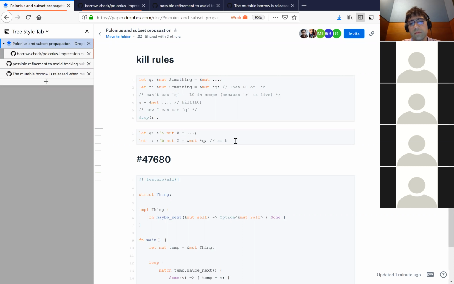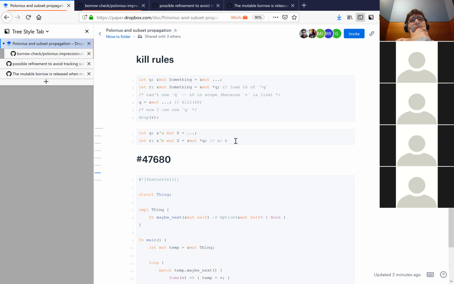Q has the same set of things, like those loans are elsewhere, I think. Maybe that's a little bit confusing to say. Okay, I don't remember well enough to recall. It's like we have a judgment that's set up that prevents you from using a mutable thing when there are others.